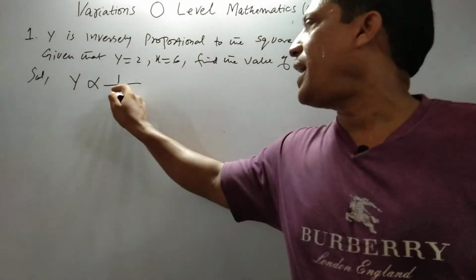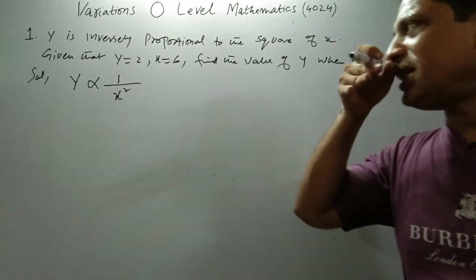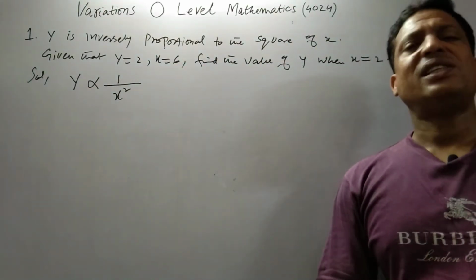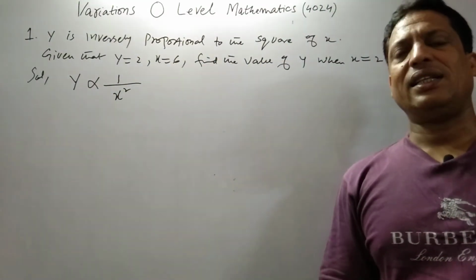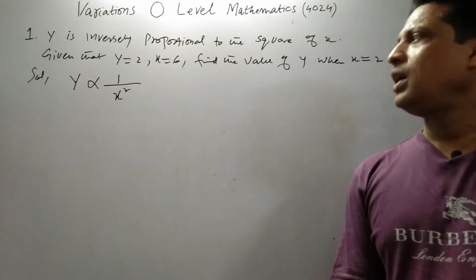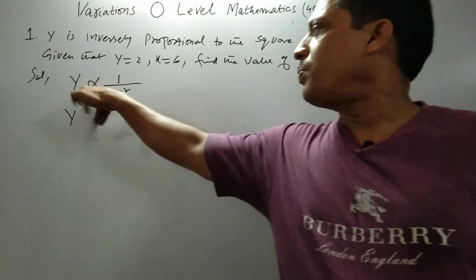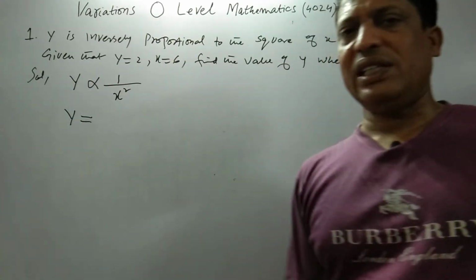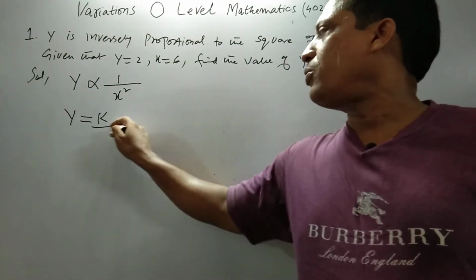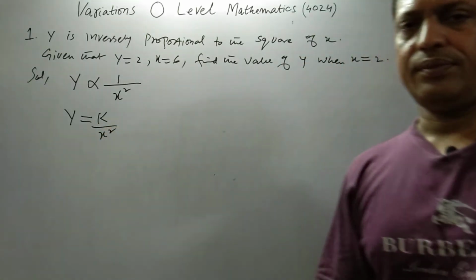This is the first step. If this step is not correct, then the whole question is wrong. The next step: drop this sign, put equal sign, put constant of proportionality k and write x square.